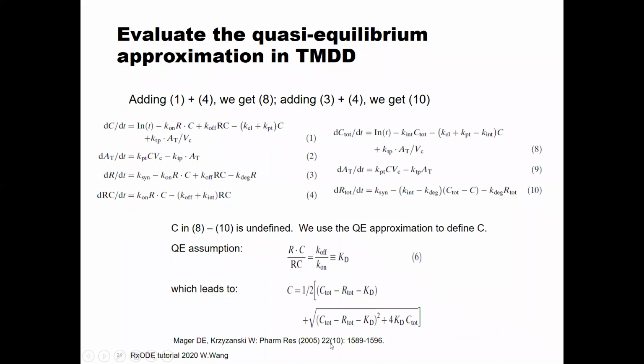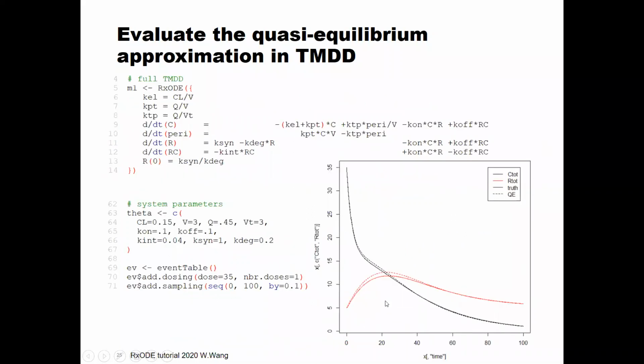Based on those formulas, also evaluate the concentrations based on this quasi-equilibrium approximation. These are the parameters you're going to use, and this is the event table you're going to use. If your implementation is correct, you would see a plot as I showed you here.